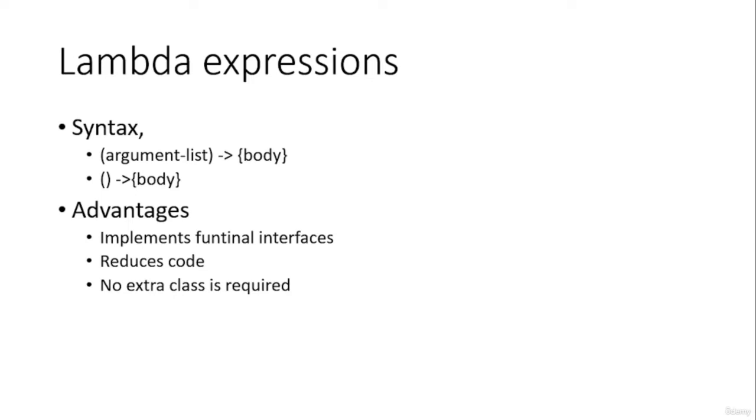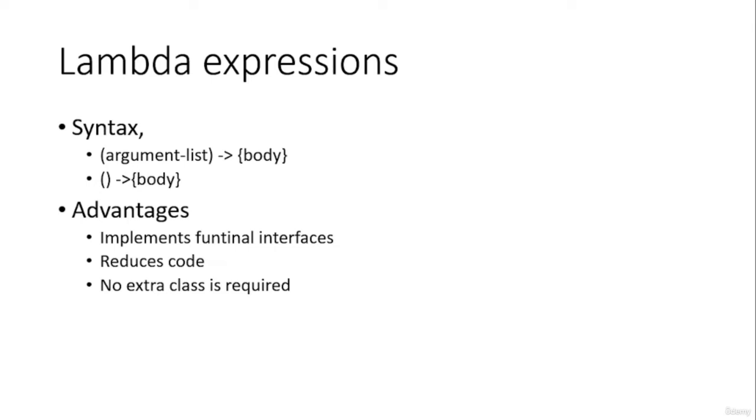Now let us discuss some of the advantages of lambda expressions. When you create lambda expressions, no extra class files are generated, so no extra classes are required. Lambda expressions also reduce the amount of code which we need to write.